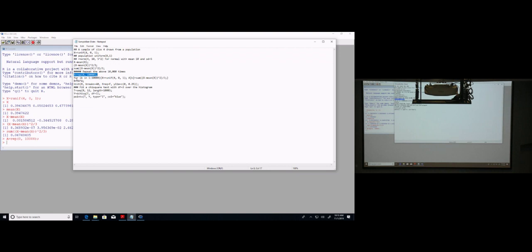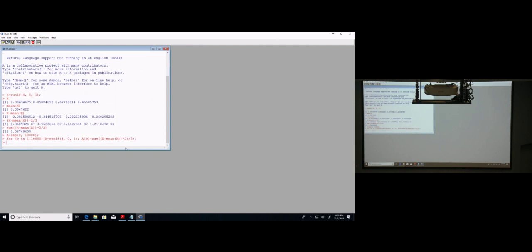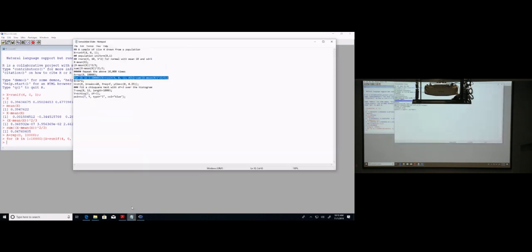And then this is a loop. Basically I'm repeating what I just did, but 10,000 times. Each time, the kth time, I store the value into the address k. You can see this is really fast, less than a second.